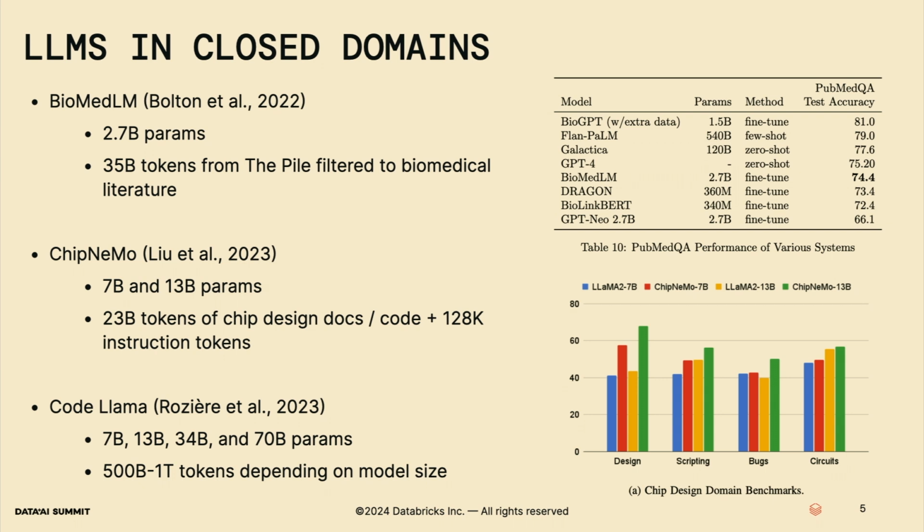So prior art and closed domains, I'll just go over some other examples to give people an idea of things outside customer support. A couple years ago, there was something called BioMedLM. That was around 3 billion parameters, and the way it was trained was there's a very large data set called the Pile. It's open domain web text, but they filtered it down to around 30 billion tokens, just biomedical abstracts and literature.